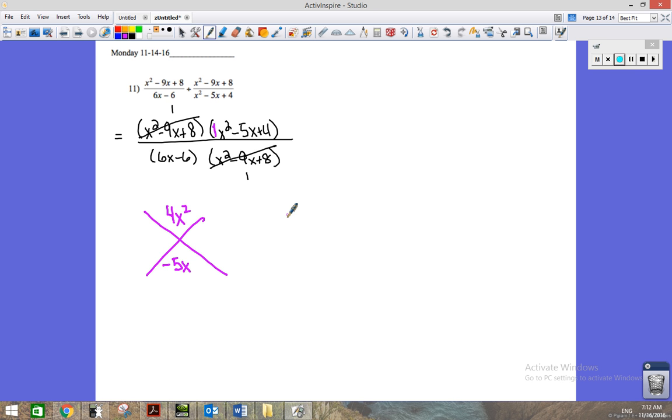Well, with the 4, I can either have negative 2 times a negative 2 that gets me a positive 4, or a negative 4 times a negative 1 gets me a positive 4. But these numbers have to add up to negative 5. This adds up to negative 4. These add up to negative 5. So that's what I want. I want this minus 4x and minus 1x for my x method.